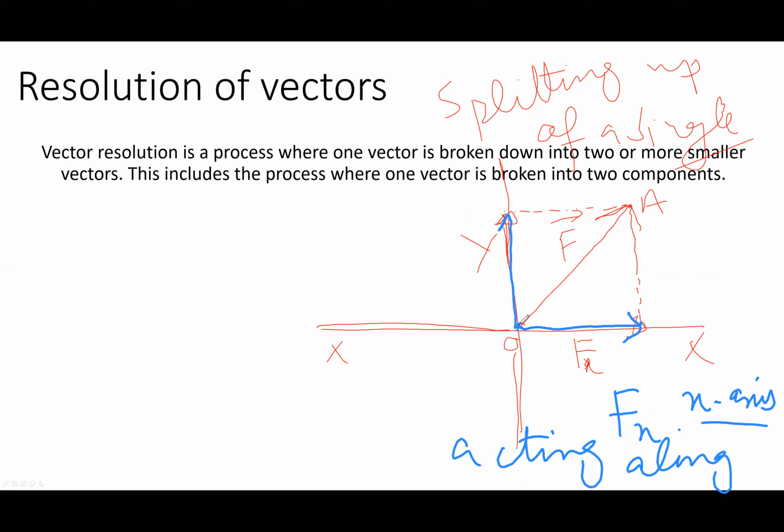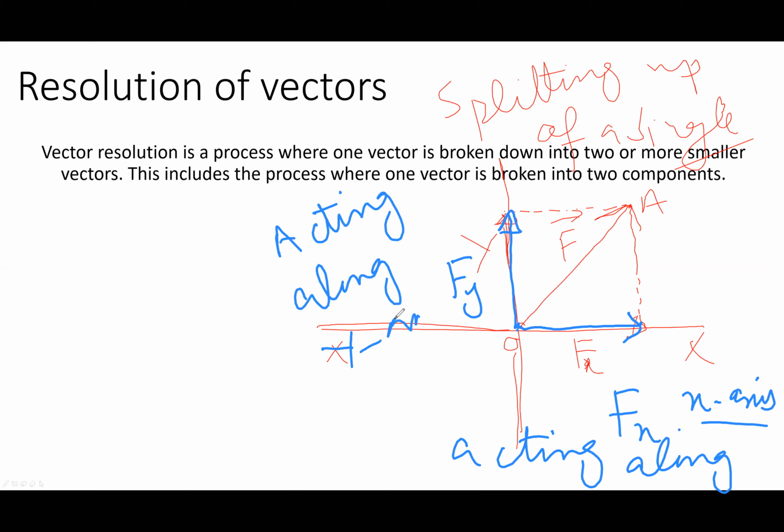This is the vertical component which is represented by fy acting along y-axis, as this vector is equal to this vector, this line. These two lines are equal and same in direction. So joining the initial point with the final point will give you the resultant vector.